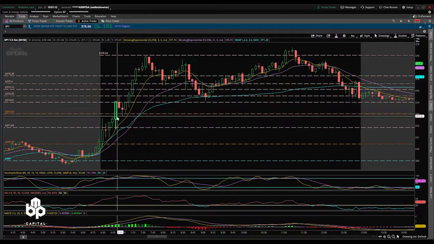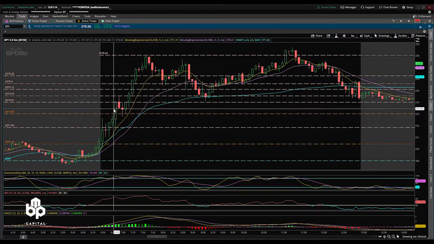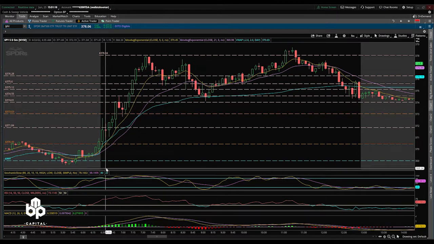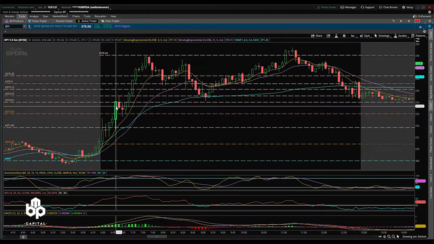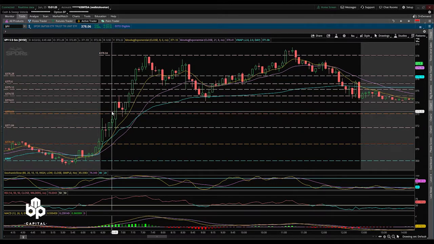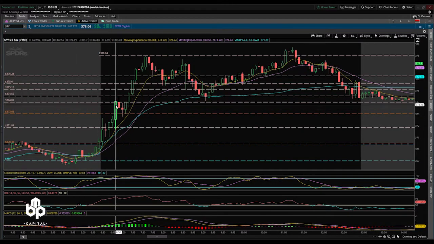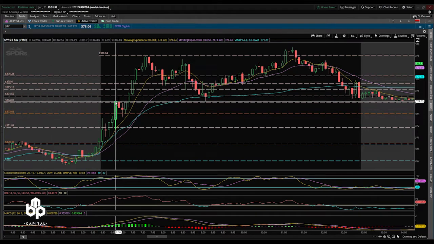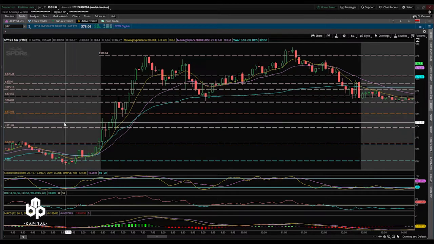So I missed all this. I woke up late. I missed all this action right here at 6:50. I woke up at 6:41, got myself together and noticed we already had a run up. So immediately I saw, damn, we hit 374.01, which was a previous resistance from yesterday. We bounced, couldn't break through.